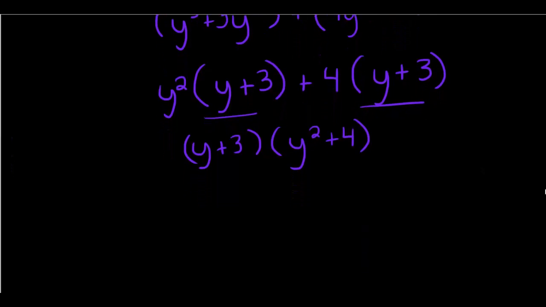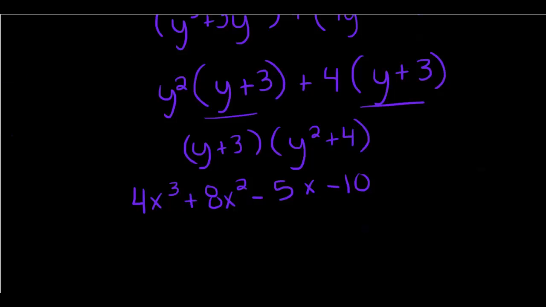This is what you should have gotten if you did the correct steps. Now let's go ahead and work on one more example. Let's try 4x to the power of 3 plus 8x to the power of 2 minus 5x minus 10.